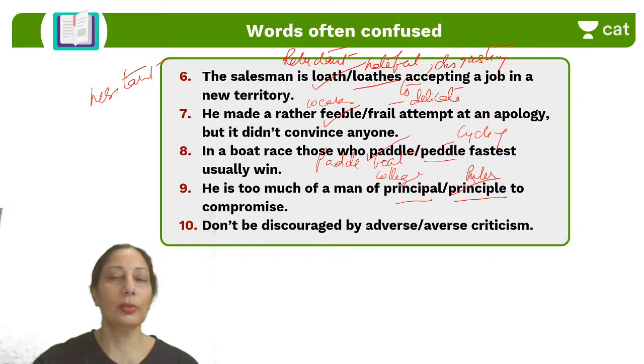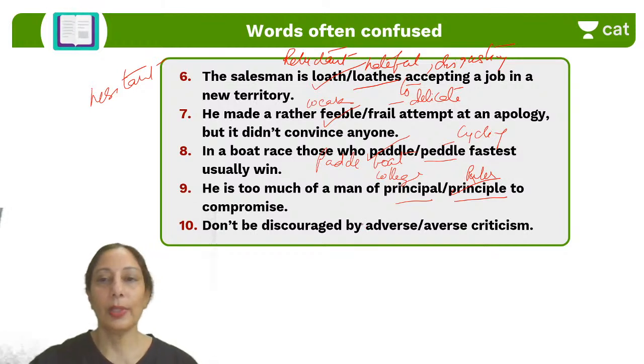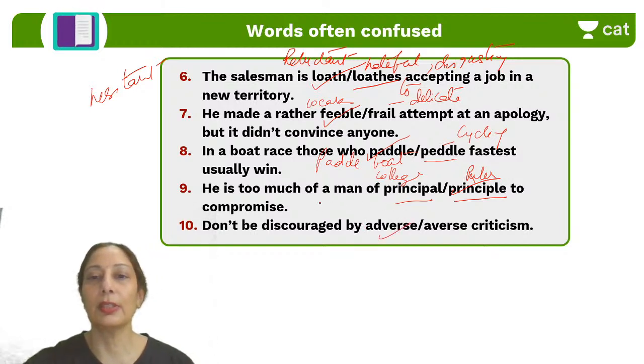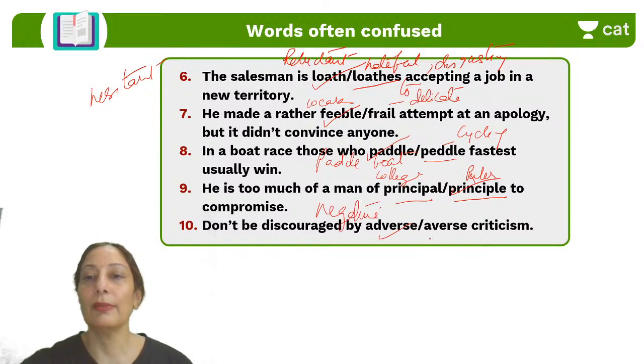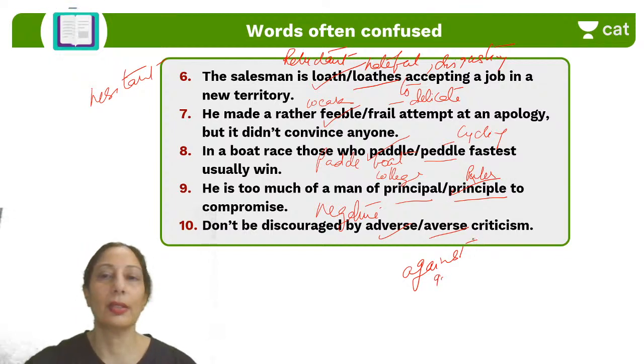Adverse means negative criticism. Averse means he is against. He is averse to the idea of going out. Averse meaning against. So circumstances can be adverse, and criticism can be adverse, not averse.